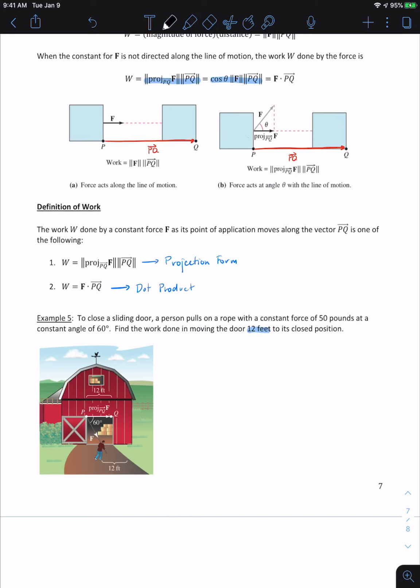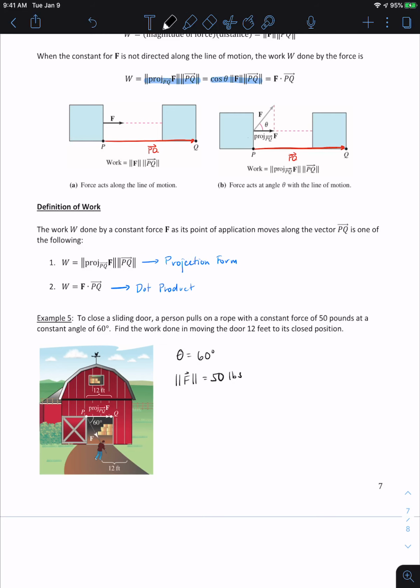Right, so what we're going to do here is use projection. Let's talk about all that we have first. Our theta is obviously given by the problem. The idea is that you're pulling with a string to close this door, right? So the angle that you're pulling at is going to be that 60 degrees. The magnitude of the force is the 50 pounds.